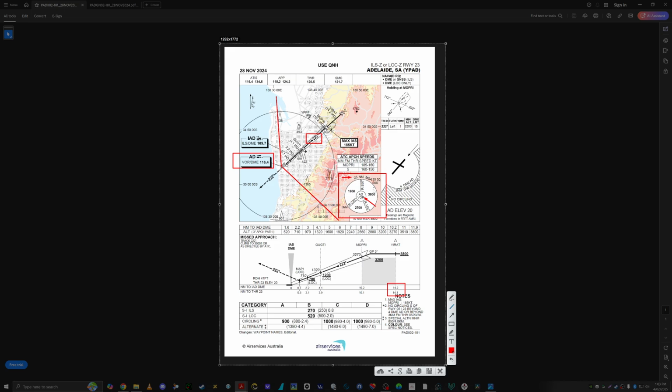So, between the 350 radial and the 149 radial, the minimum sector altitude is 3,800, and between the 149 radial and the 220 radial, which is roughly in that area there, the minimum sector altitude is 2,700.